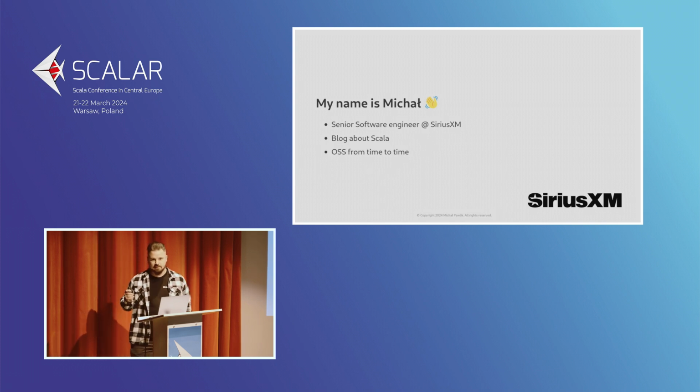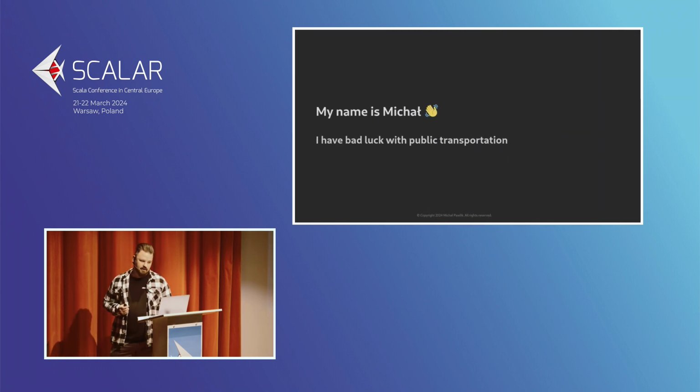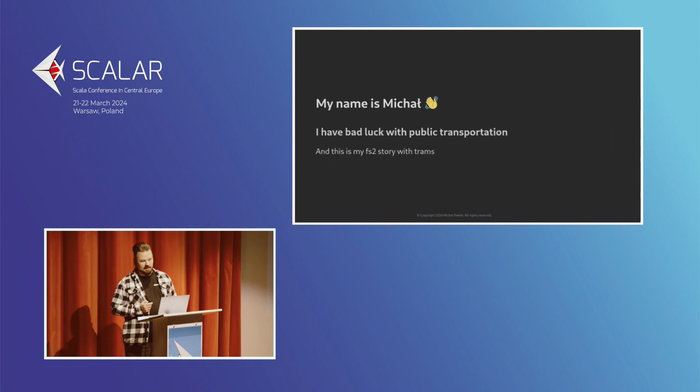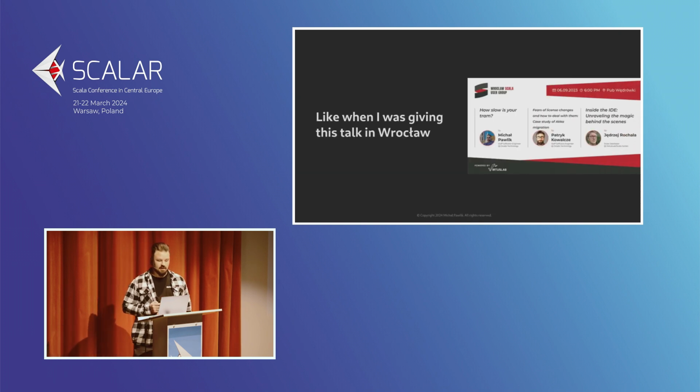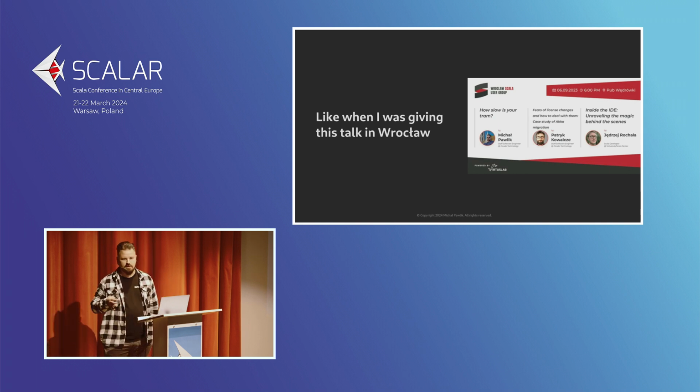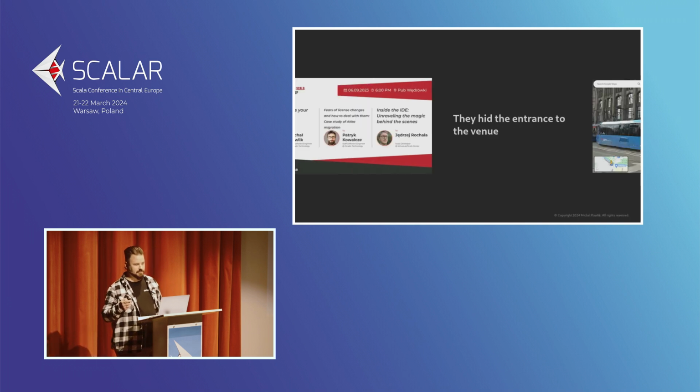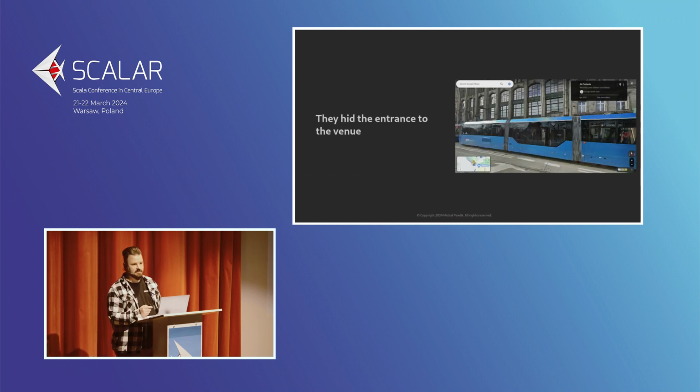But those are important parts, and there is one more important part. I have very bad luck when it comes to public transportation. And this is my story with FS2, the type level stack, and some trams. To give you a highlight, because not everyone knows my adventures with trams, I was giving this talk last year in Wrocław, and I wanted to share a picture of where the venue is with some friends of mine, so I went to Google Street View, and this is what I found.